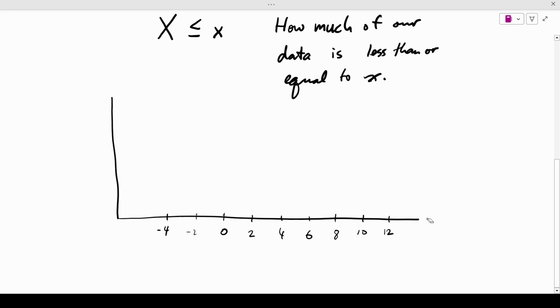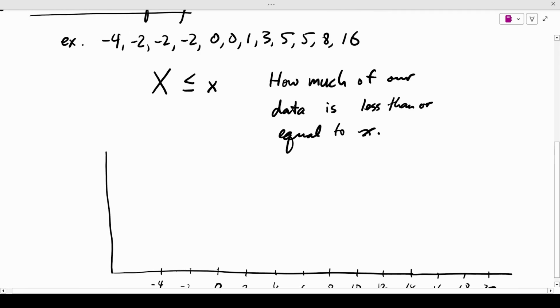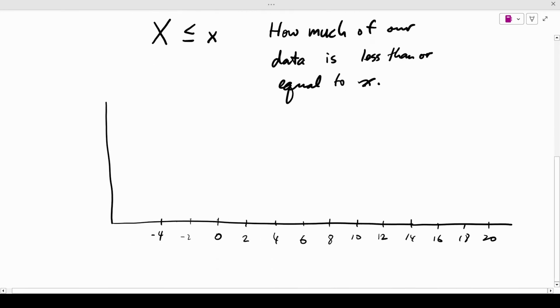I guess this needs to be extended. 14, 16, 18, 20.